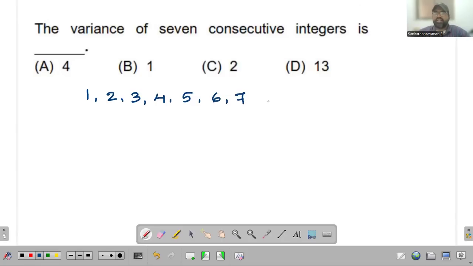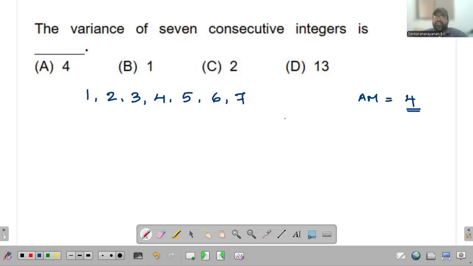There are 7 observations, so the fourth observation is going to be the arithmetic mean. Based on what I have selected, the arithmetic mean of these 7 consecutive integers is equal to 4. Let us find the standard deviation.